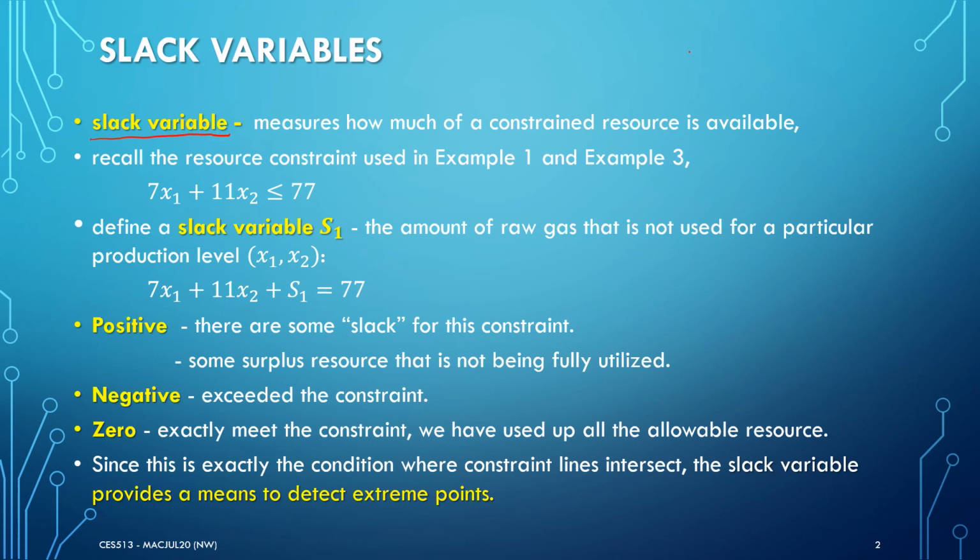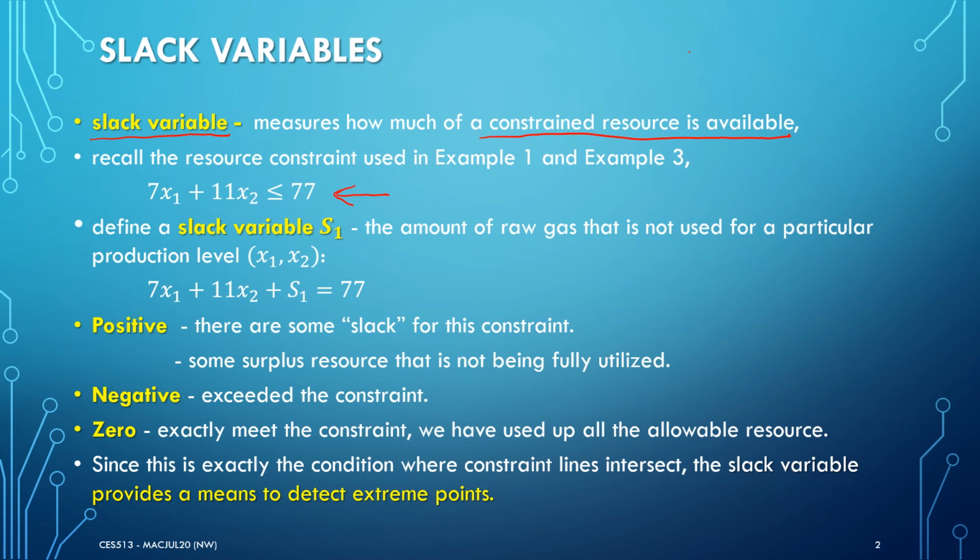This slack variable measures how much of a constraint resource is available. That is, how much slack of the resource is available. Okay. For example, recall the resource constraint used in example 1 and example 2. So we have 7x1 plus 11x2 less than 77.